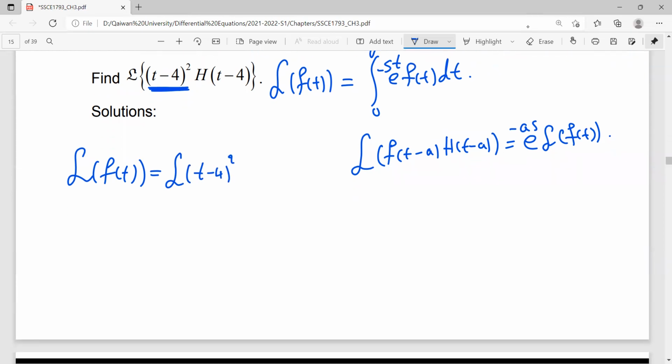And this equals the integration from 0 to infinity for t squared minus 8t plus 16, times e to the power minus st dt. Okay, we just expand these brackets. It's t minus 4 squared.